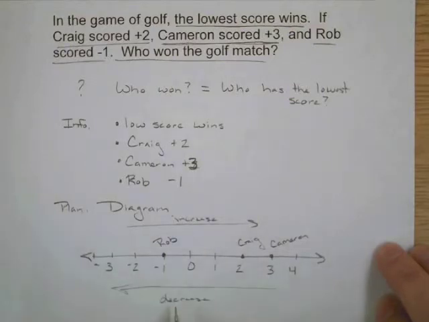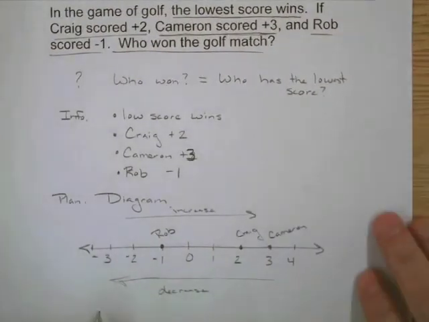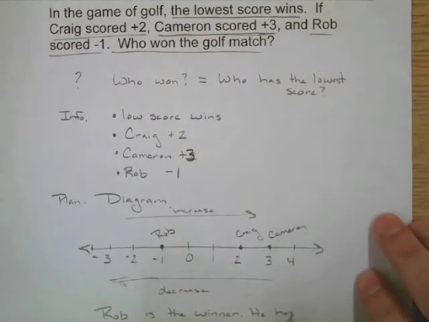So if Rob has the lowest score, and I know that the low score wins, Rob is the winner. He has the low score, or the lowest score. So that's my solution there.